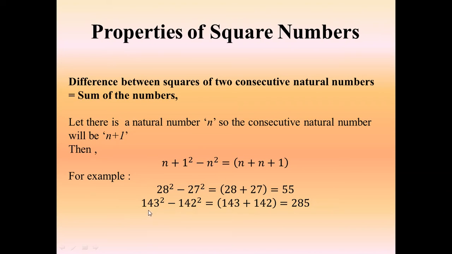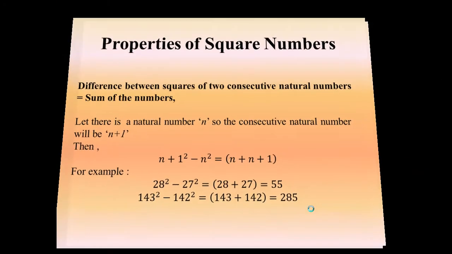Since 143 square will take time and 142 square will take time, instead I notice that 142 and 143 are actually consecutive natural numbers. So instead of calculating their squares independently, I can simply add these two numbers. When I add, I get the answer as 285. So I got the answer in a very short period of time just by inspecting the pattern or just by remembering the properties.